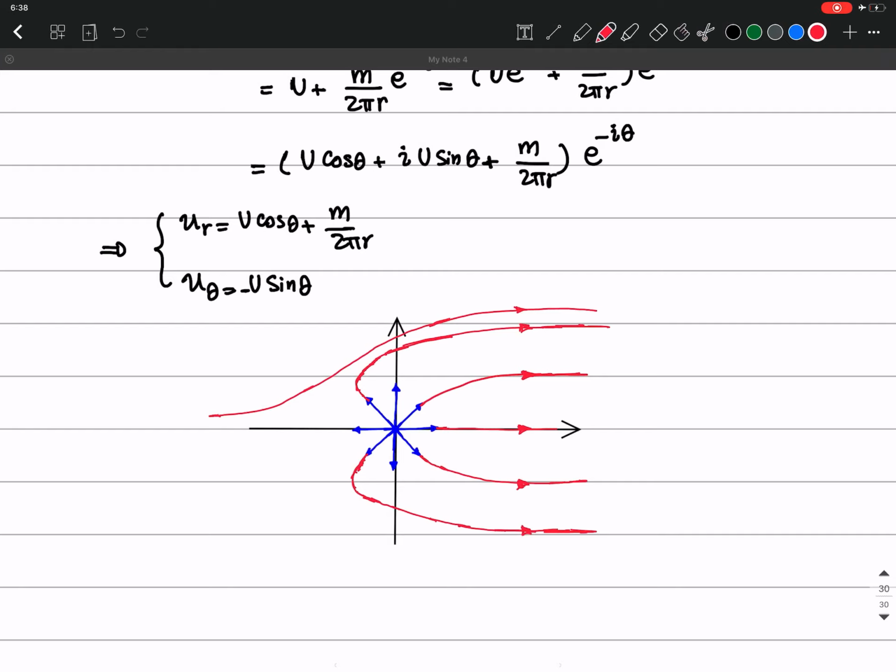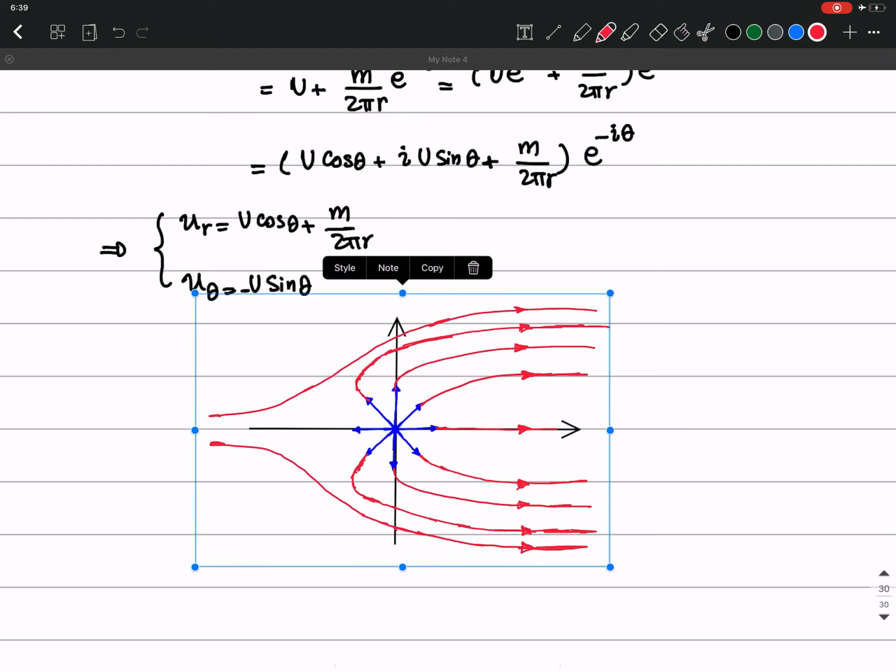It's going this way. This is going to go this way too. So we'll have something like this.